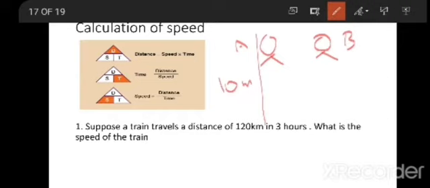Person A covered the 10 meters track in 50 seconds, and person B covered the same 10 meters distance in 80 seconds.